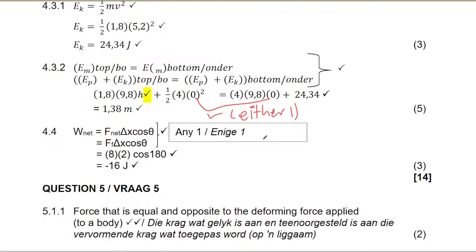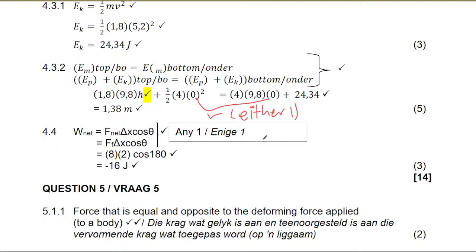Somebody can be thinking about the final velocity, but look at the question. The question is not interested in that. The question says calculate the net work done on the brick between point A and B.